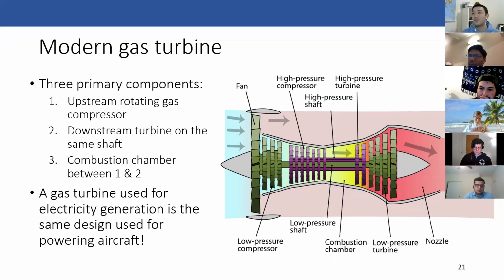You could, in fact, take one off the aircraft and stick it into a power plant and basically be able to get the same results. I probably wouldn't recommend you do the reverse, where you take a non-aircraft turbine and stick it on an airplane. But in general operation, they're going to be pretty much the same.